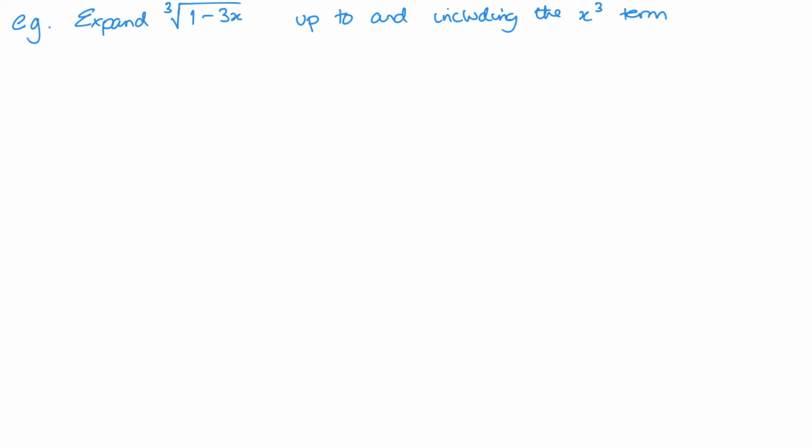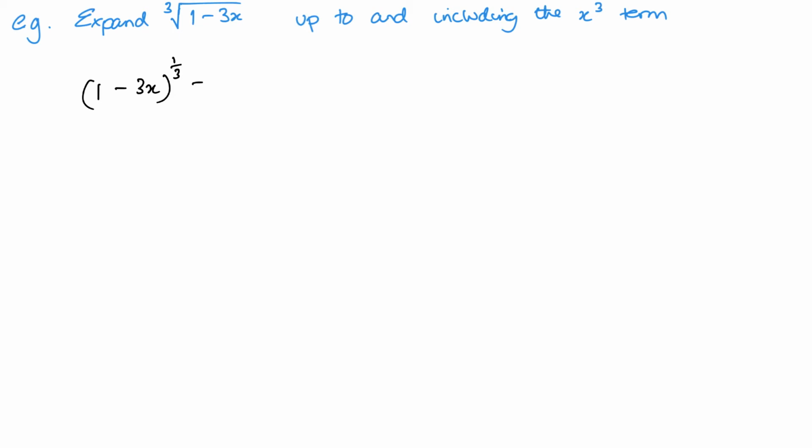Now let's have a look at our second example. This time we get the cube root of 1 minus 3x. So 1 minus 3x as a power would be to the power 1/3. So although this is not a negative power, being a fractional power, it will go on forever as well.